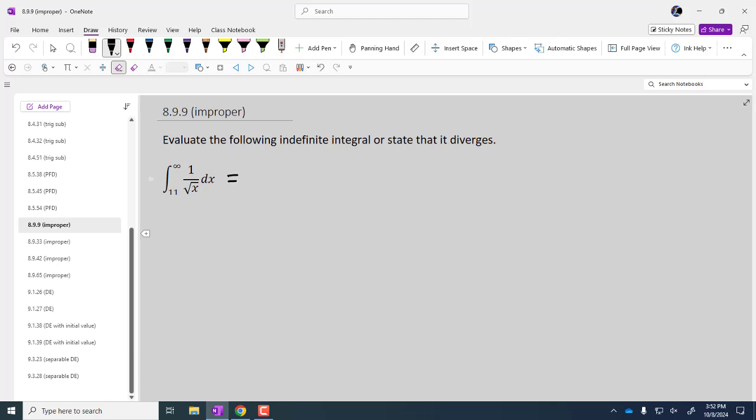Limit. And so in this case, it's the limit as, we can use a B or an A, whatever you want. This book will usually use a B for this type of improper integral. So we're going from 11 to B of x to the negative 1/2 times dx.